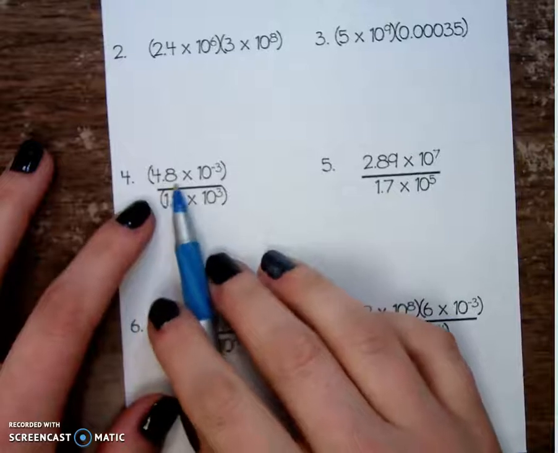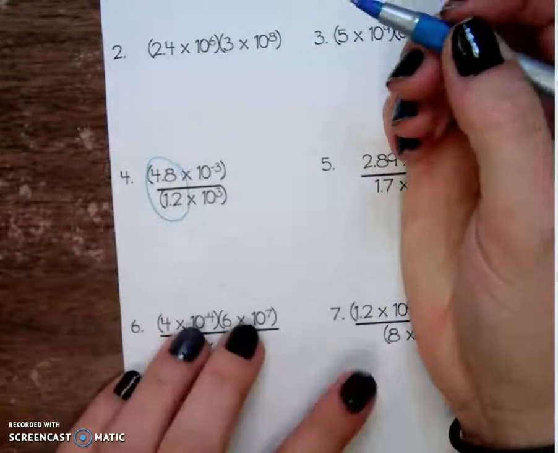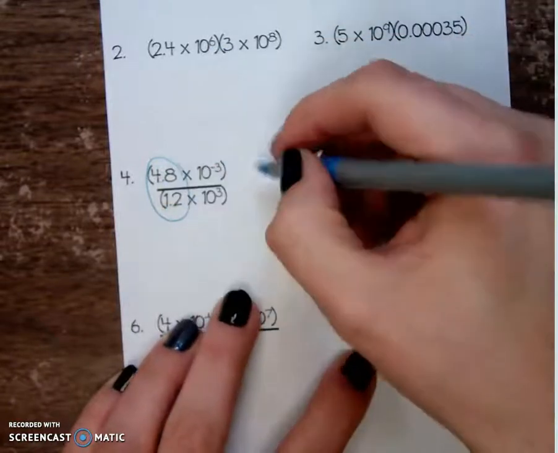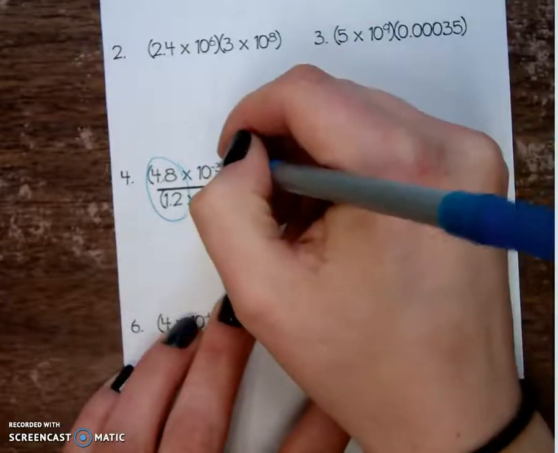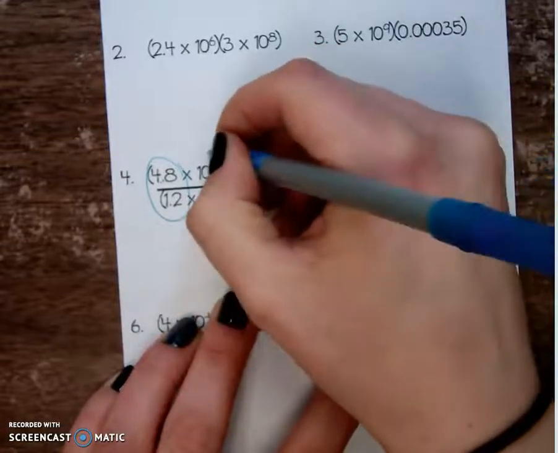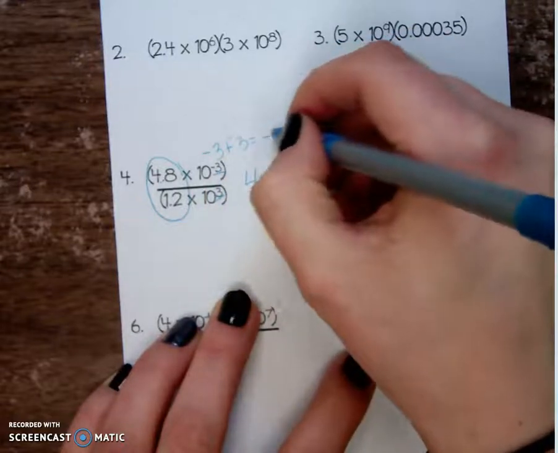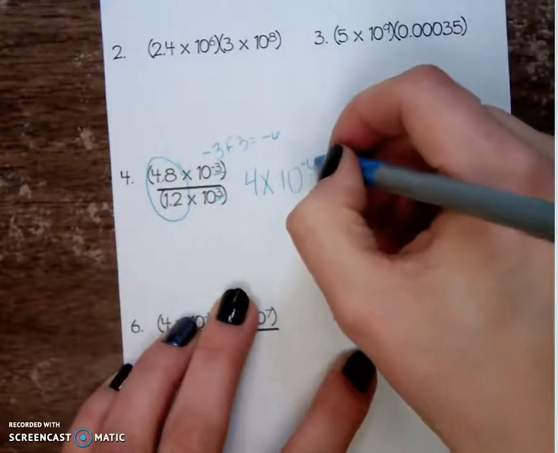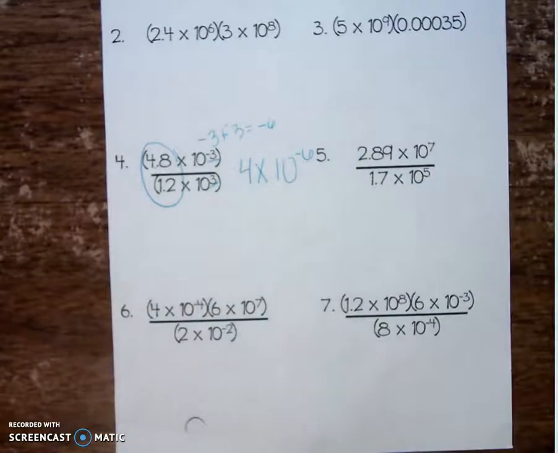We have 4.8. We're going to divide it by 1.2. Well, 1.2 goes into 4.8 4 times, 10 to the, what's the exponent rule? To subtract. Negative 3 minus 3 more. Keep change is negative 6. Is your digit between 1 and 10? Yep, so that's your final answer.